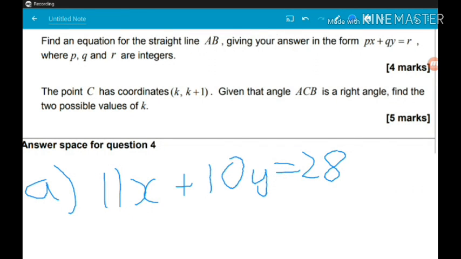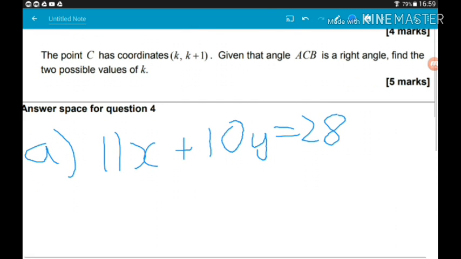And then we've got quite a tricky part B. The point C has coordinates k, k plus 1. Given the angle ACB is a right angle, we want to find the two possible values of k. First of all, we need to decipher this a bit.